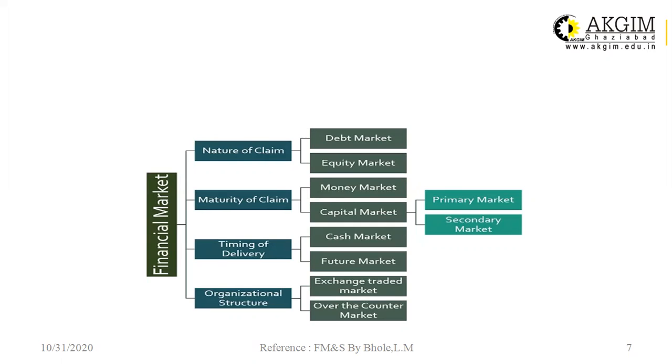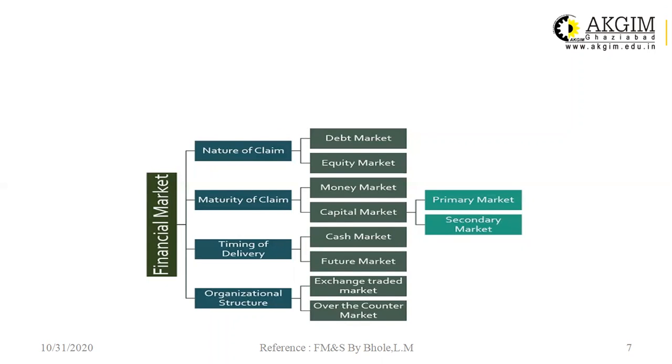Then classification on the basis of the maturity of claim. On this basis, financial market may be further divided into 2 parts, money market and capital market. In the case of money market, a market where short-term funds are borrowed and lent, it is called money market. It deals in the short-term monetary assets with a maturity period of 1 year or less.